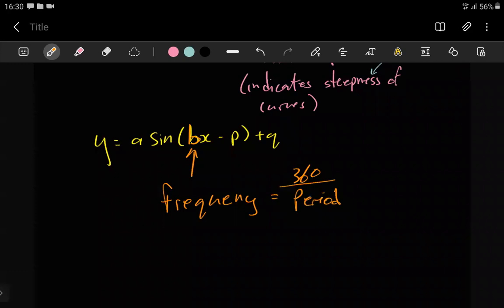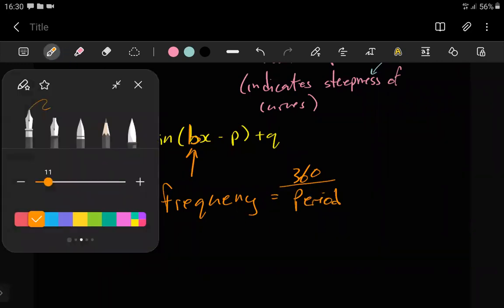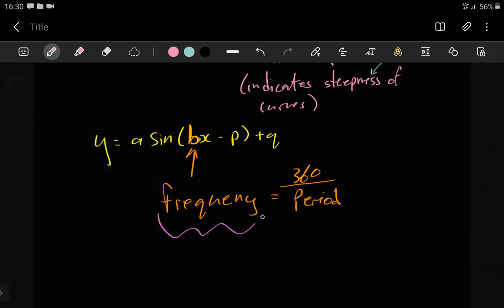Now these two words, we have to state what they mean and what they refer to. So for a tan graph, this number is 180, and for a sine or cos graph it is 360. Let me just explain what this means.